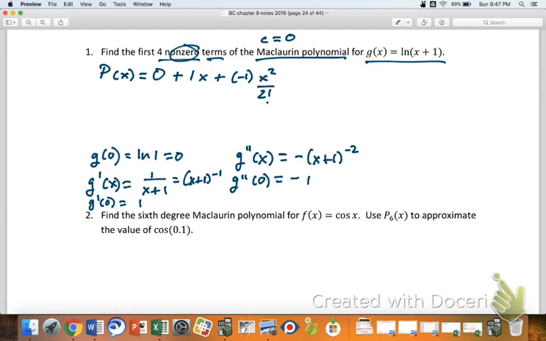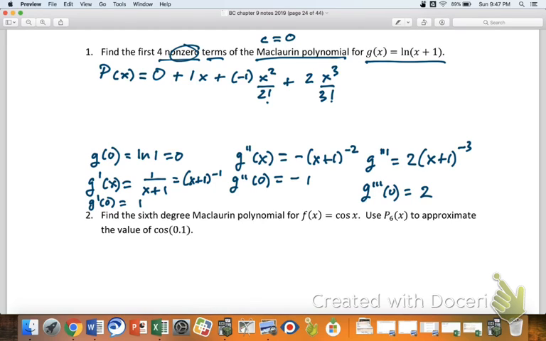I got my first two terms. Now I'm going to work on hopefully my third term, so I need g triple prime. g triple prime would be positive 2 times x plus 1 to the negative 3. That means g triple prime of 0 would be 2. So this is going to be plus 2 x cubed over 3 factorial.